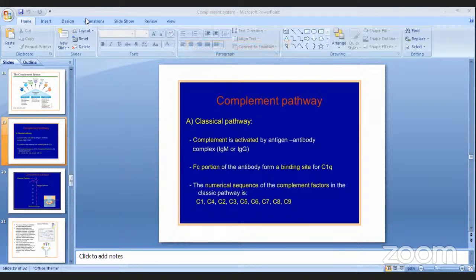As I said, the complement proteins are activated by the antigen and antibody complex or immune complex. But where exactly do these immune complexes attach to activate or split the complement proteins? The Fc region binds and causes conformational changes in the C1 protein, in its subunit C1q, which is the subunit of the C1 protein.